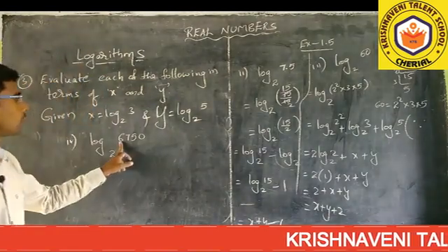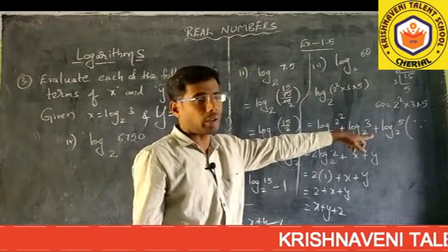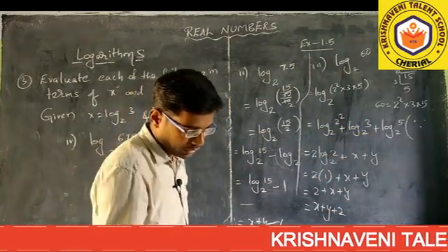In the same way, you have to express 6750 as the product of its prime factors. Afterwards, you do it like this. Easy only.